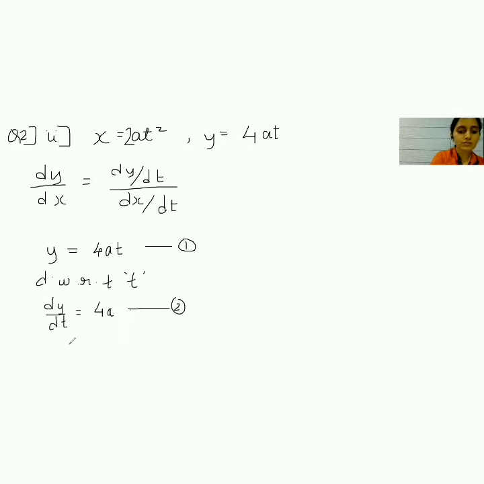Then let's put x, so x is equal to 2at square, right? So dx by dt is equal to 4at. Okay, this is equation 3.